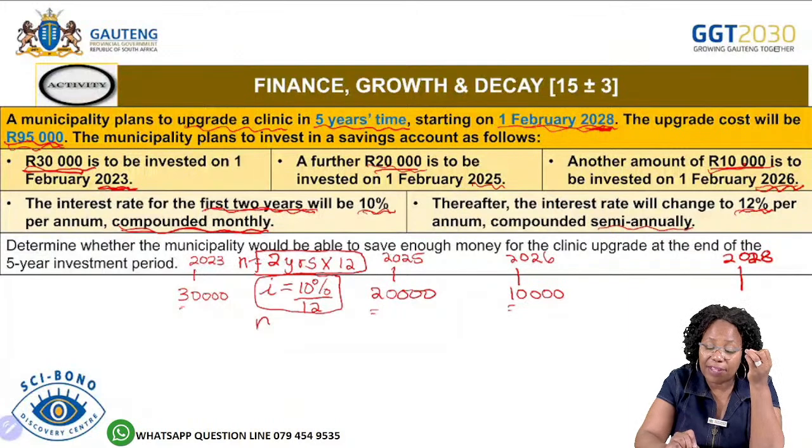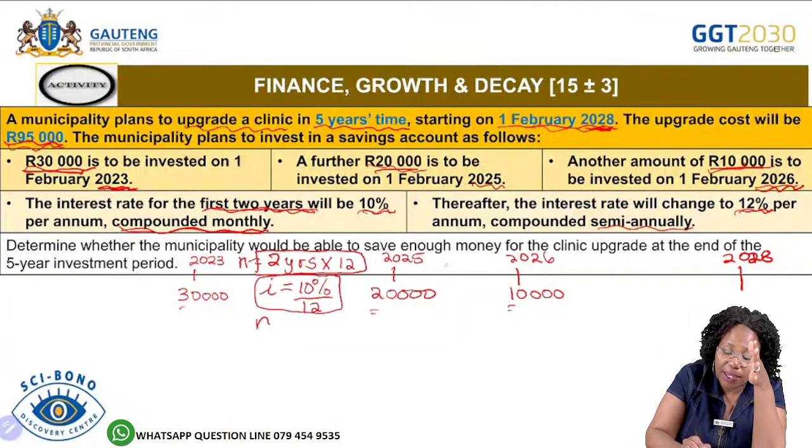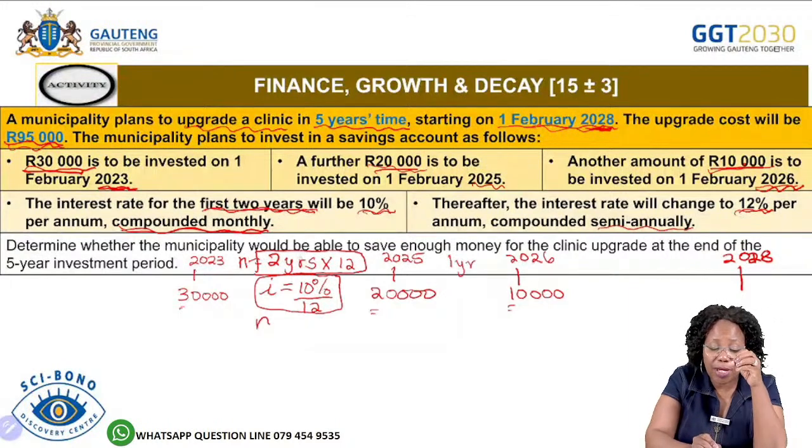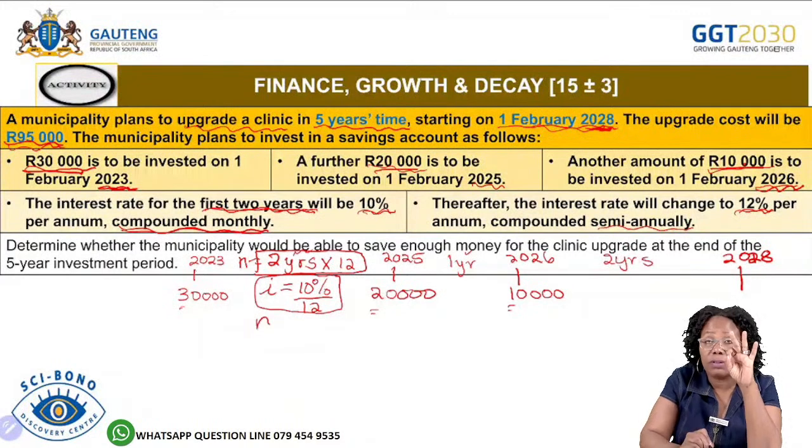And then thereafter the interest rate changes to 12%. That means from 2025 to 2026 now, it's a period of a year. Okay, it's 2 years initially there, and then we have added another year, so it is 3 years. So for the last part here, we'll be having 2 years remaining in order to cover our 5 years.